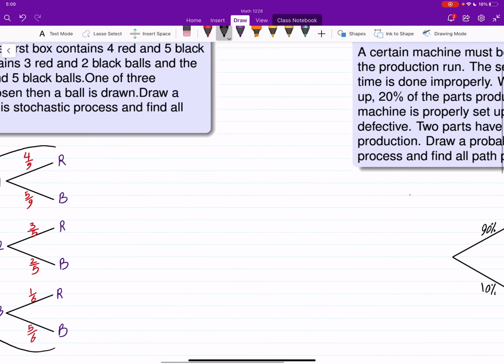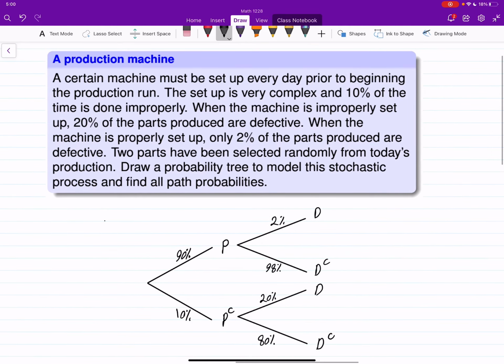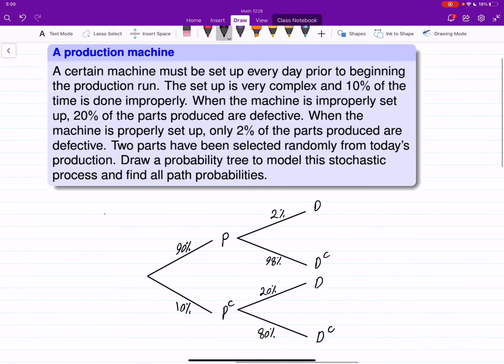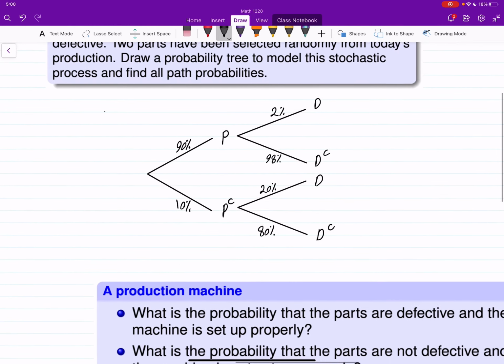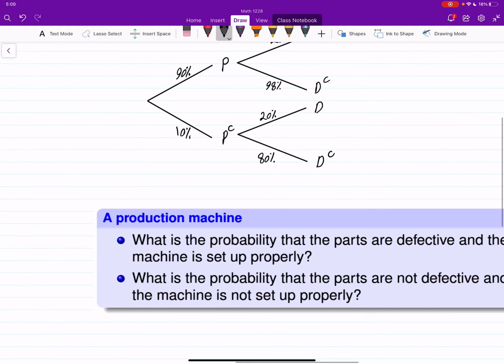Okay, how about this other example? This was another example that we did in one of the videos, and you don't need to do that example again.